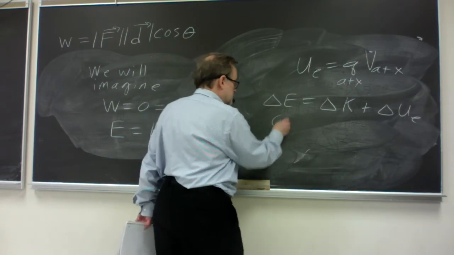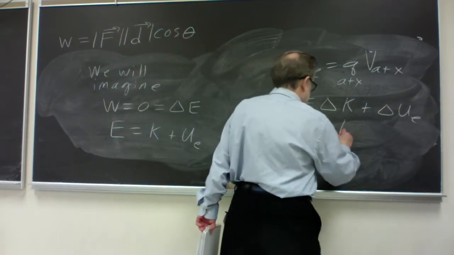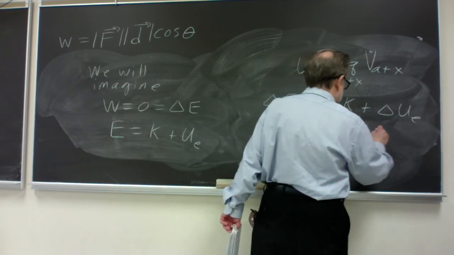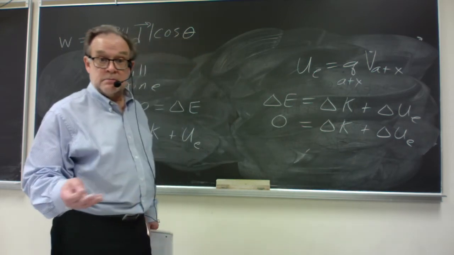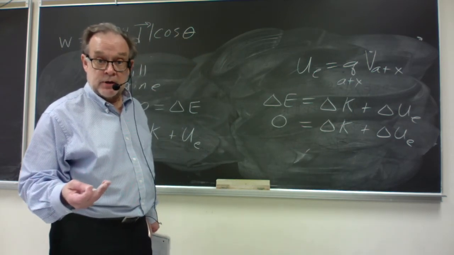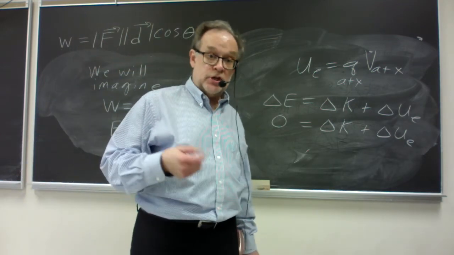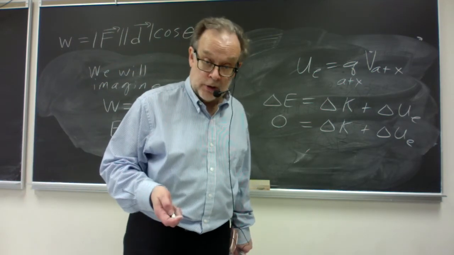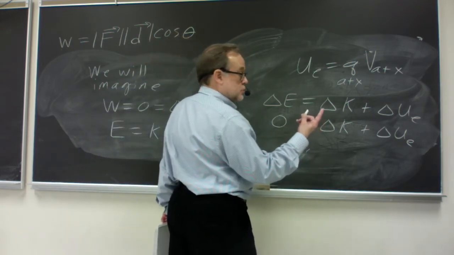So the change in total energy is zero. So change in kinetic plus change in electrical potential energy must always cancel each other out. If there's a change in one, there has to be an equal and opposite change in the other to keep the total energy constant. Or you could write it this way.